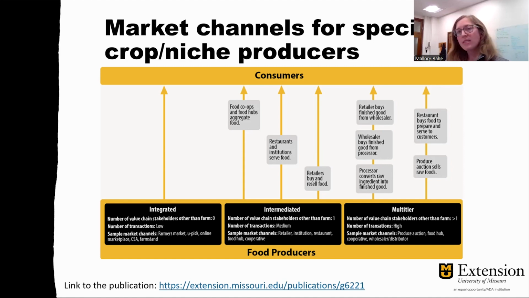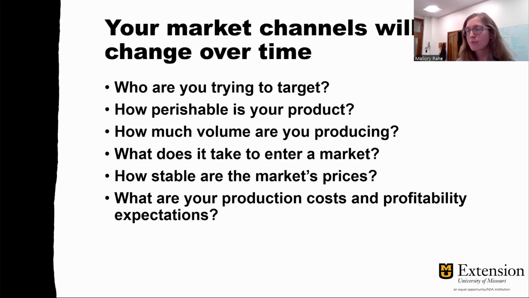So we see this a lot outside of local foods, but there are some local food growers who scale up and they're not interested in finding that marketplace, having heavy customer interaction, and they don't want to be in the processing business. They're passionate about growing and they just want to be growing at scale. Those are the kinds of farms that are well situated for multi-tier market channels.